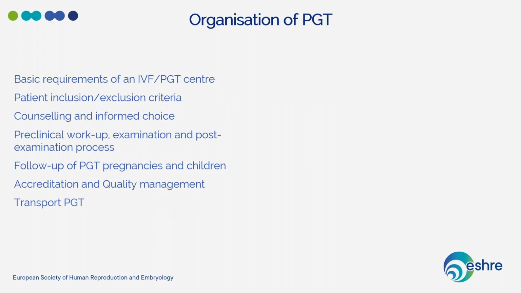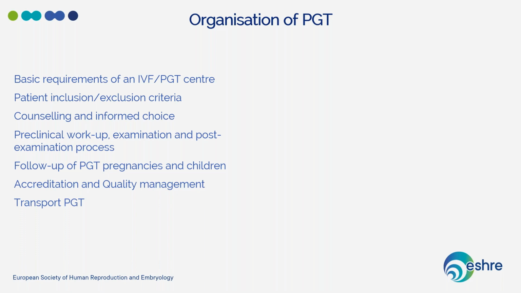Now I will switch to the first paper, which is on the organization of PGT service. And so this first paper covers the basic requirements of an IVF PGT center, meaning lab infrastructure, equipment, materials, lab documentation, training, and personnel.